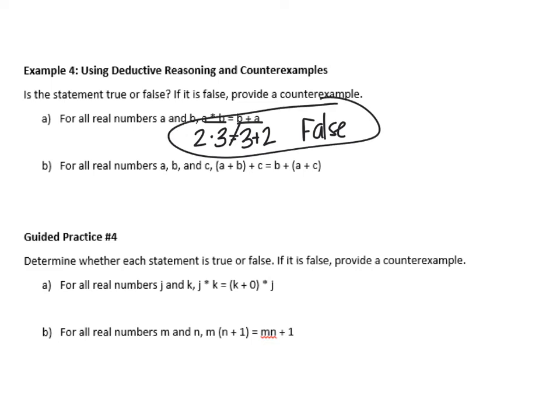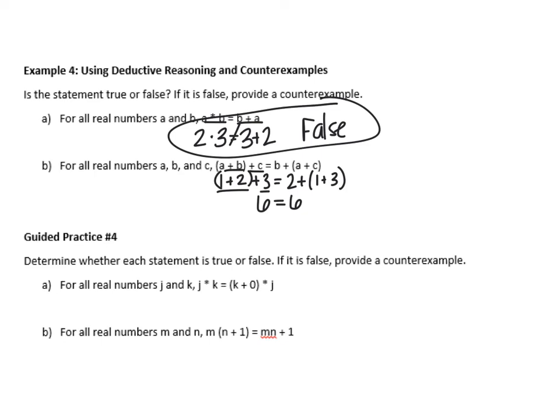B, it says that if I add two numbers like A and B together first, that's the same thing as if I added the two numbers A and C first. So let's give them numbers. 1 plus 2 plus 3 equals 2 plus 1 plus 3. Well, that's 3 plus 3, which is 6. And that's 2 plus 4, which is 6, so that's true.